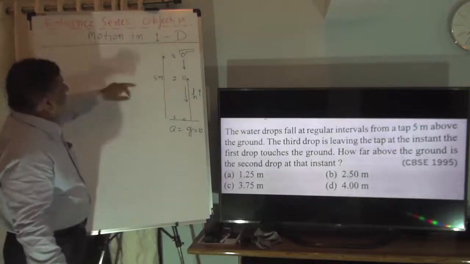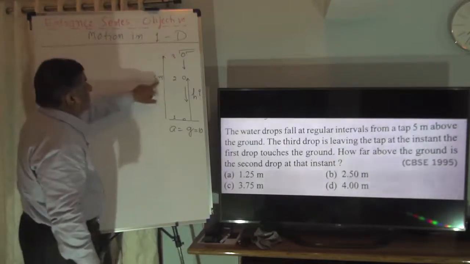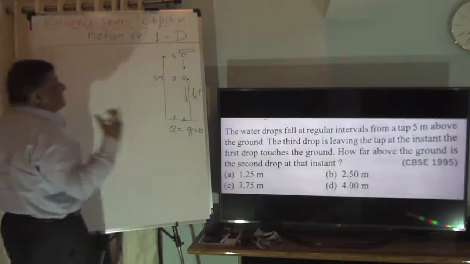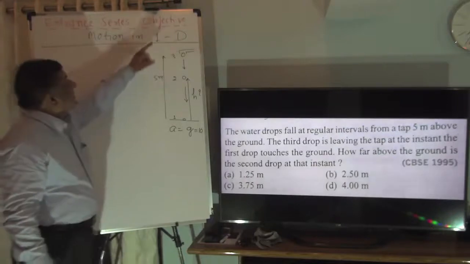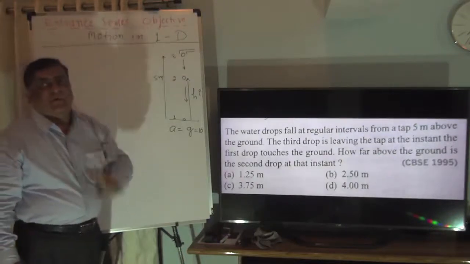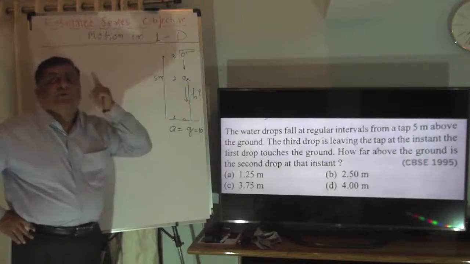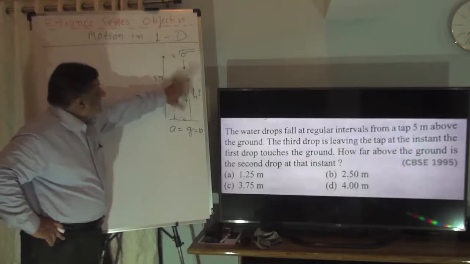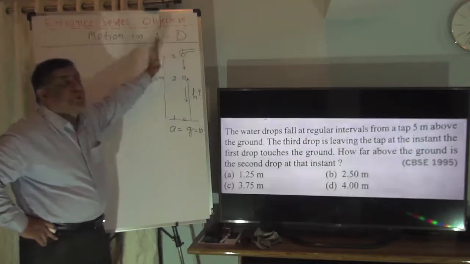What are the other quantities? This one is known to us, 5. What is not known to us? Time. Now, for the drops falling from the tap, one very important quantity should come to our mind. This distance and this distance, should they be equal?